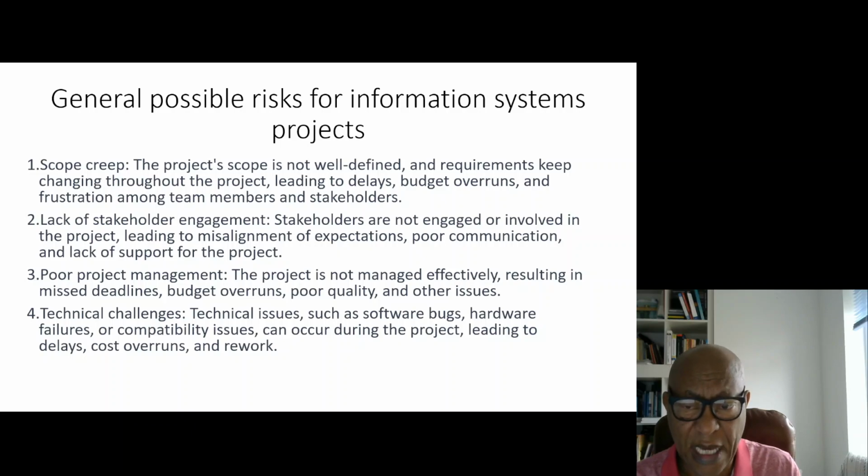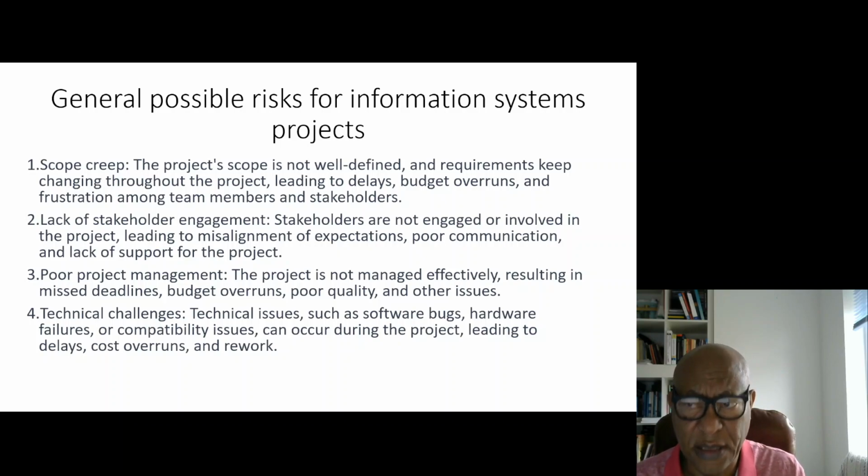Lack of stakeholder engagement is an important part of it. Stakeholders are not engaged or involved in the project, leading to misalignment of expectations. What they expect and what you deliver as a project management team need to be aligned. This alignment has to be continuously monitored, continuously discussed, and presented to stakeholders, so that the misalignment between their expectations and what is going to be delivered to them is minimized.